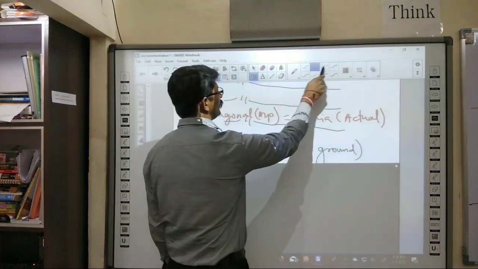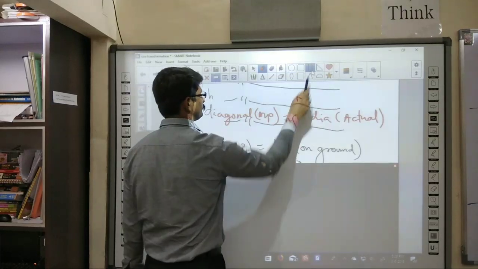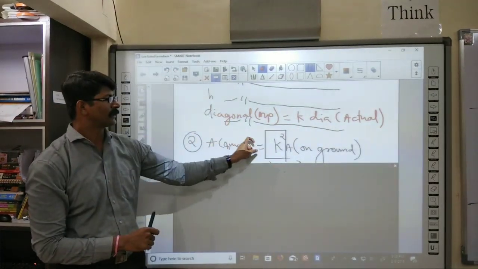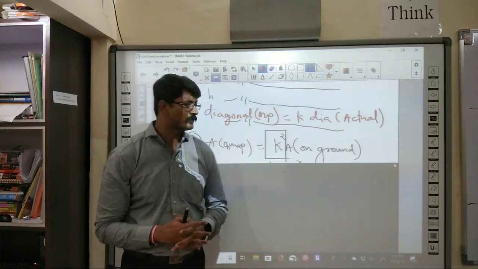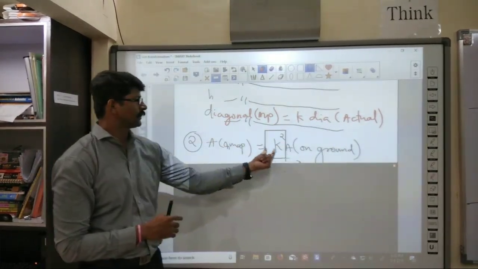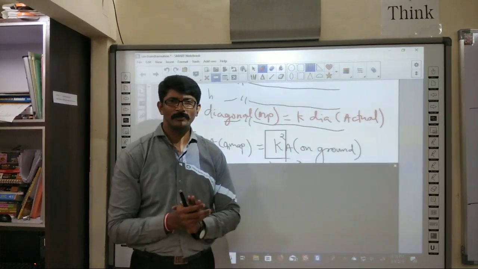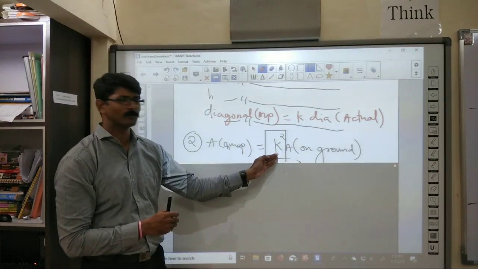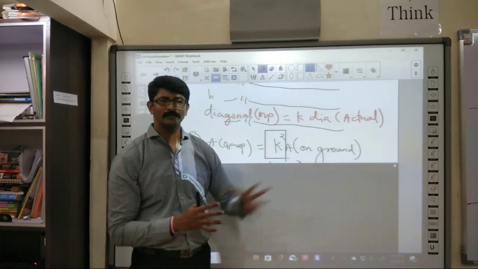Just note down, it is k square. So area on map is equal to k square times area on ground.